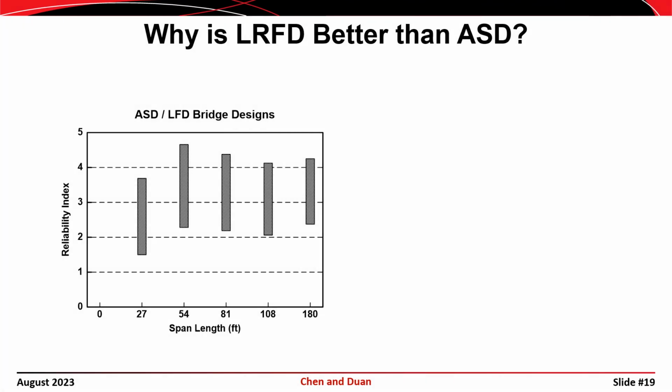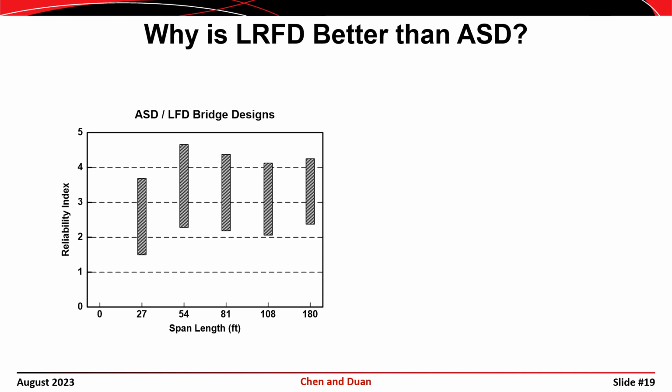As a measure of that, some researchers, Chen and Duan, went and looked at the reliability inherent in bridges that were designed using allowable stress design approaches or load factor design approaches. And they found that the inherent reliability was somewhat variable, ranging from 1.5 all the way up to about 4.5. And it was also a function of the span length of the structure.